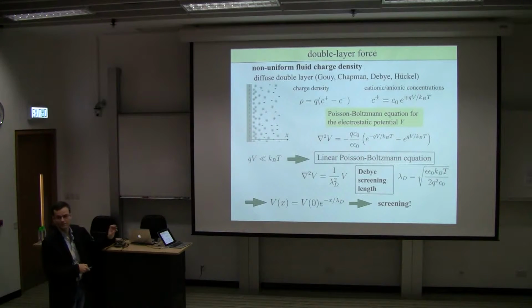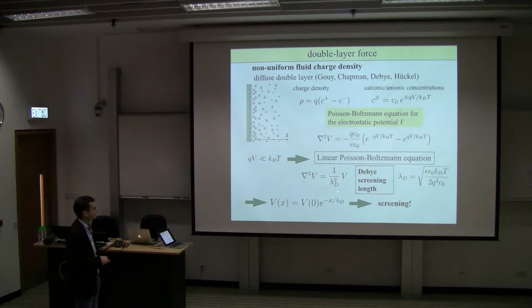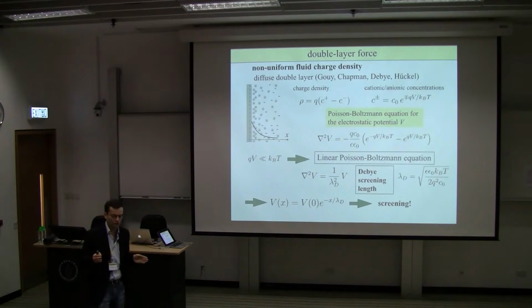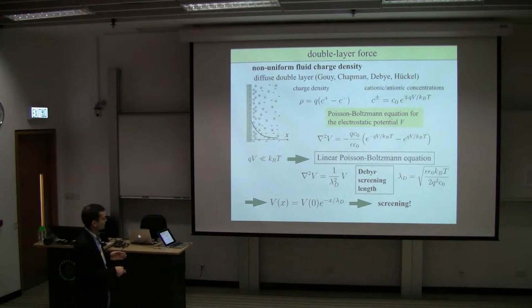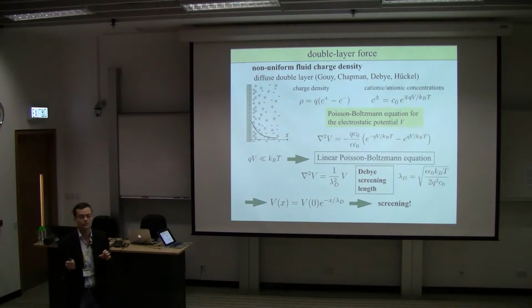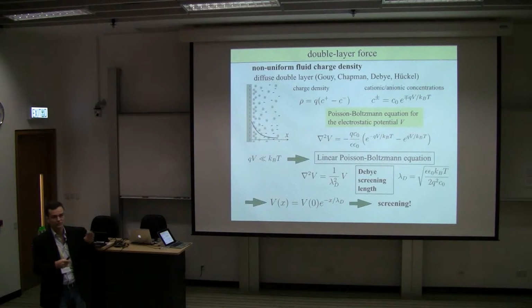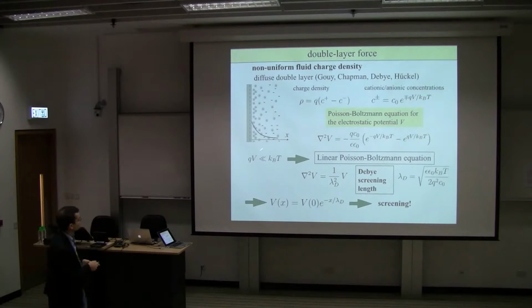So I can tune this by changing the concentration of ions. And this lambda D is simply the thickness of this double layer. Okay? And if I have two charged surfaces which are separated by a distance much larger than this Debye screening length, which is this thickness here, then the interaction is going to be completely screened, because I'm going to see just the total charge, which is the charge of the surface plus the charge of the double layer, which neutralizes the charge of the surface.